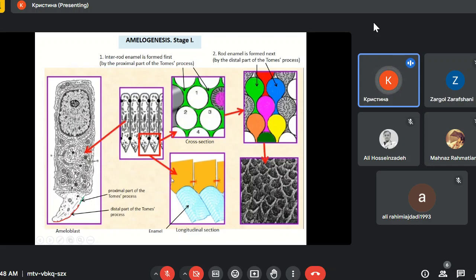And here you see how the Tomes processes release the substance which makes the enamel rod. So this is one ameloblast part, and here is the enamel rod produced by this cell. Here is the second ameloblast, and here is its enamel rod.